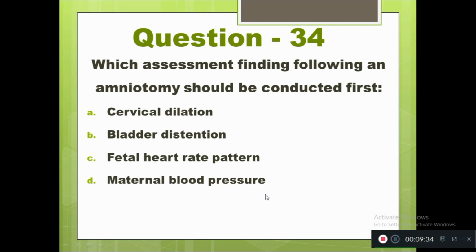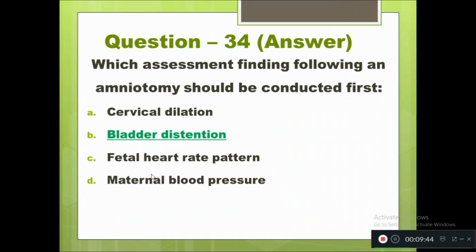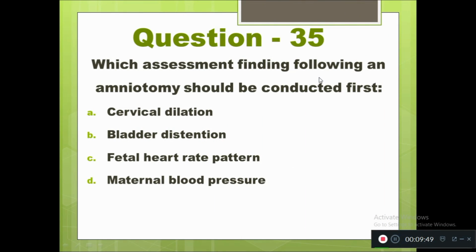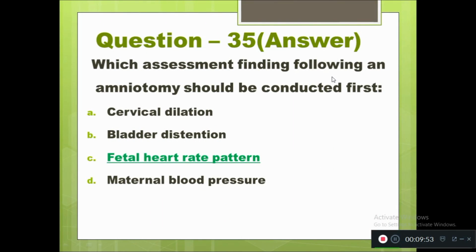So following an amniotomy, the nurse should assess the fetal heart rate pattern. That is the first priority. Question number 35, which is the same question, repeated for the second time.